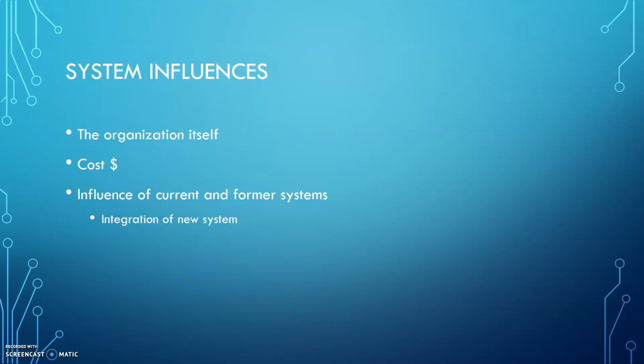Are they using portable computers, desktops, iPads, or are they all on mobile devices? So it's really the technology associated with the organization that can have an influence, but also the way the organization handles transactions can have an influence on the system as well.